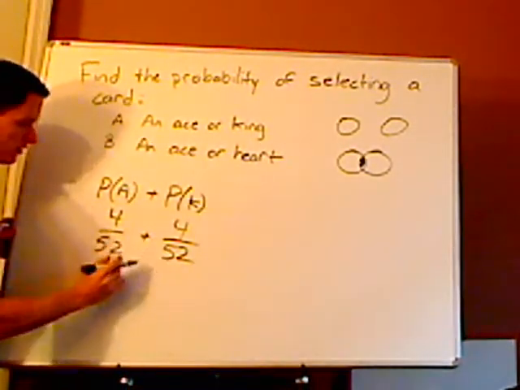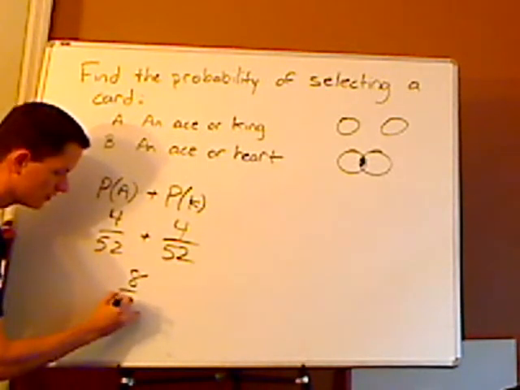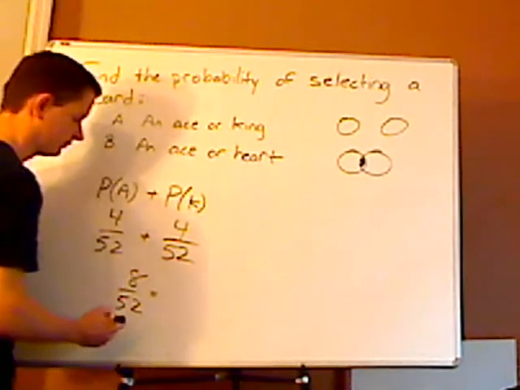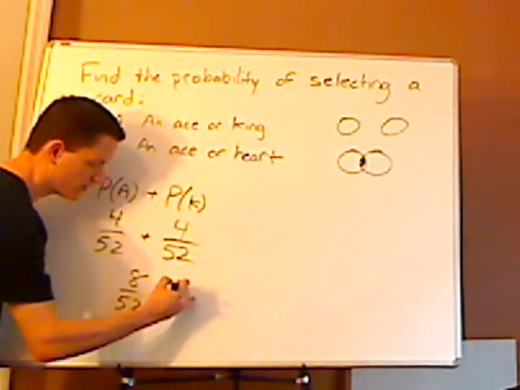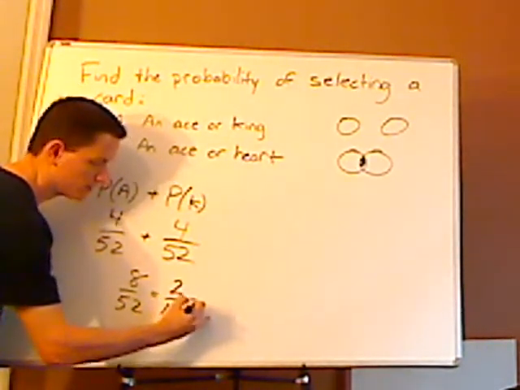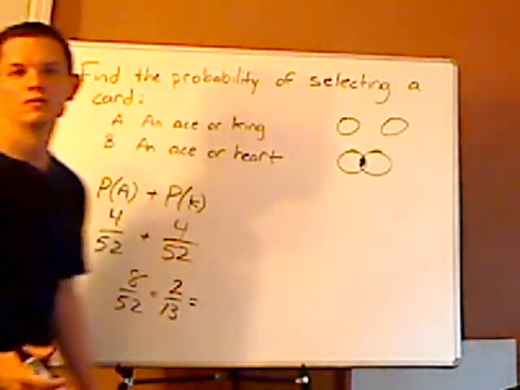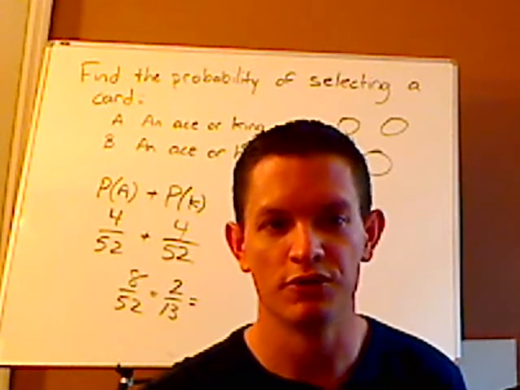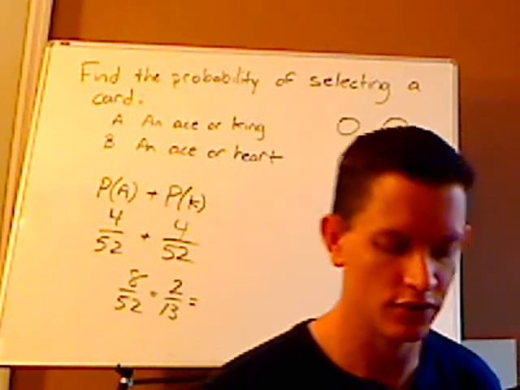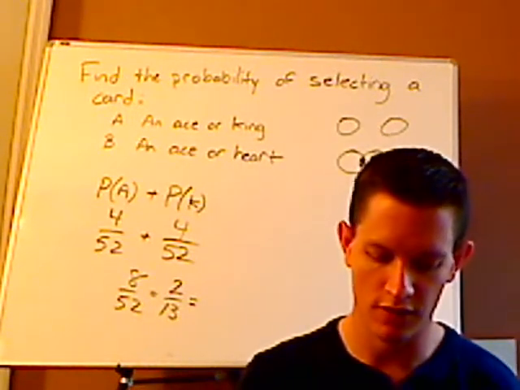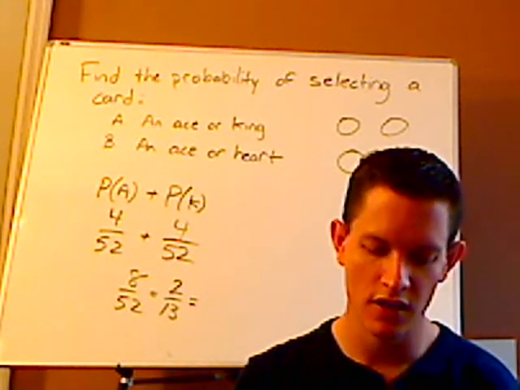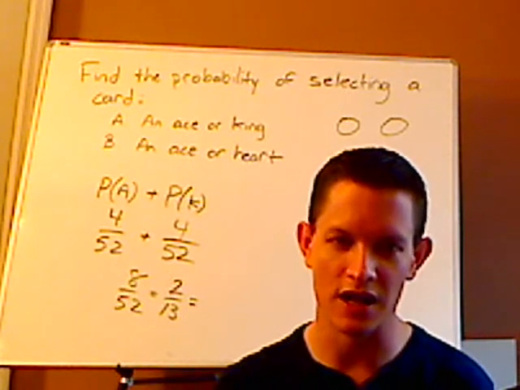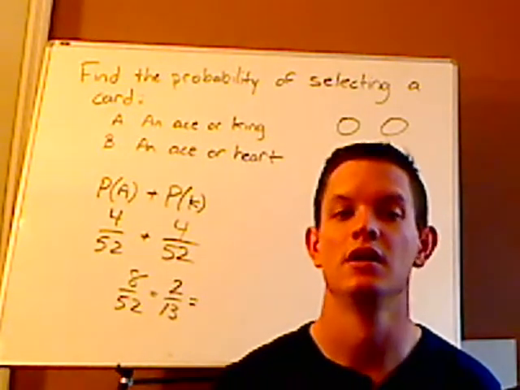So then you add the two together and get 8 over 52. You can simplify that. 4 goes into each of these, so that's 2 over 13. Sometimes they might ask you to put the probability as a decimal. So 2 over 13 gives me 0.153846154, and so on.